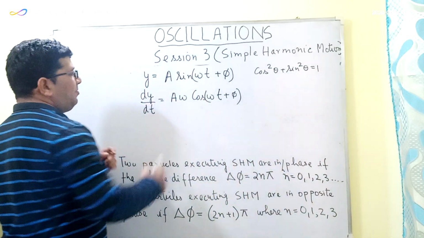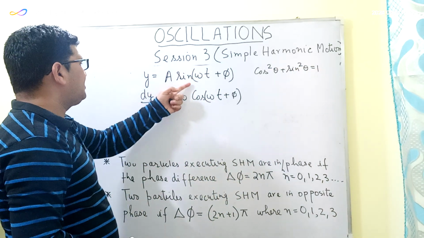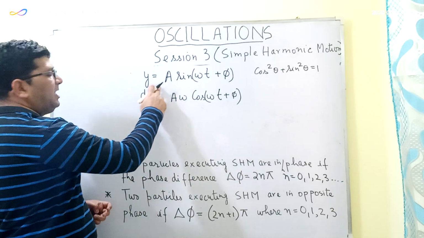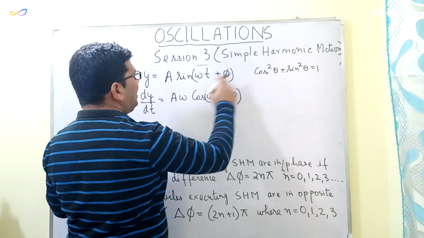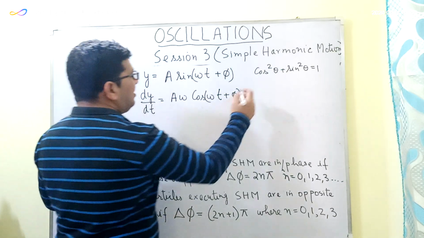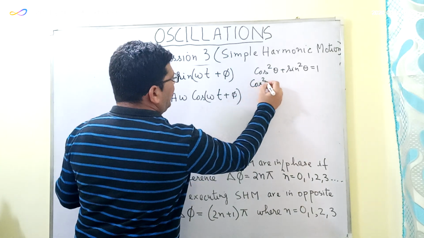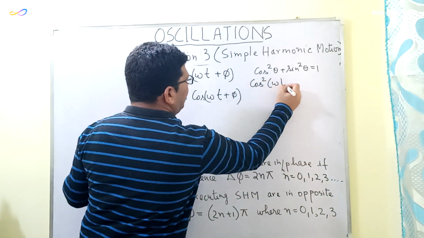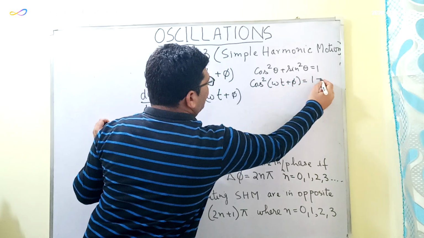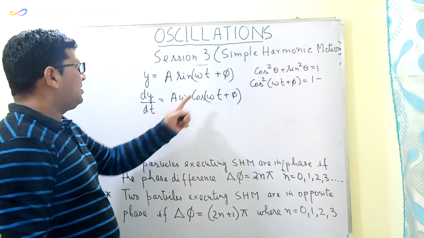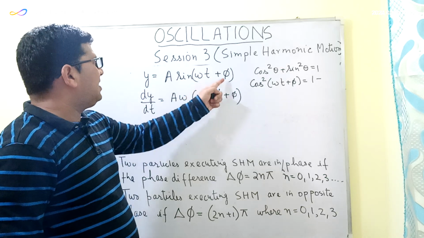So from this equation, you can see that sine(omega t plus phi) is equal to y upon a. So what I will be doing is substituting the value of theta as omega t plus phi, and I will get that cos square(omega t plus phi) will be equal to 1 minus sine square(omega t plus phi).